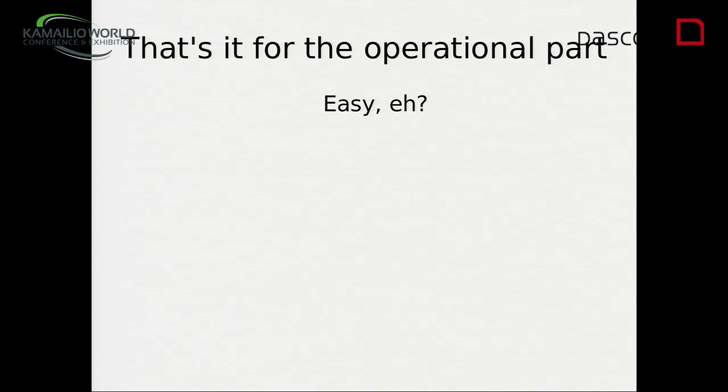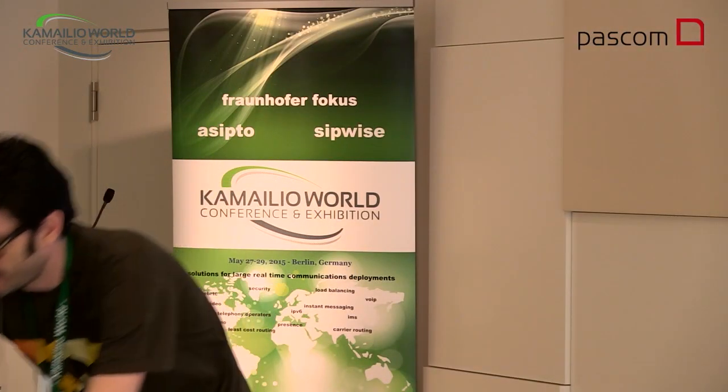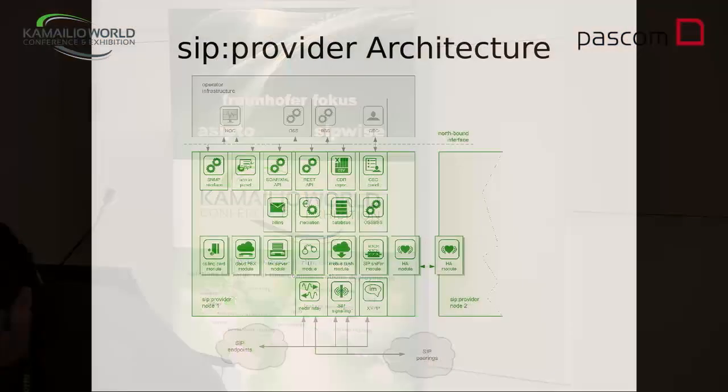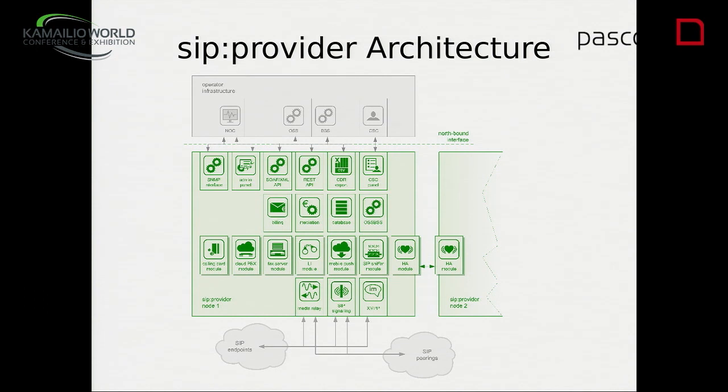Yeah, we are supposed to be finished with the technical part, and we would like to check a little bit the architecture inside the SIP provider. This is the picture regarding the SIP provider Pro, because you have two nodes. The Pro version is sold in high availability.